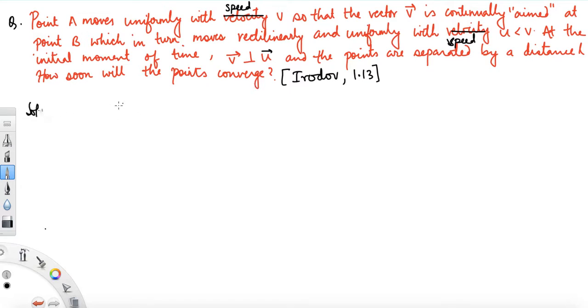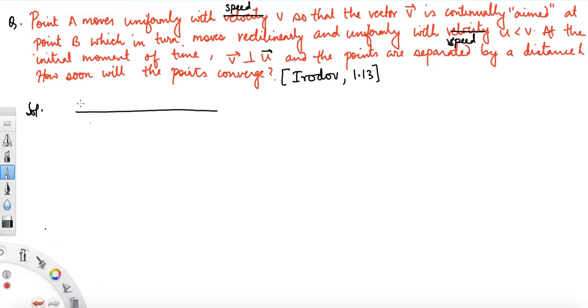Solution is, first of all, let's draw the diagram here. It says that point A moves uniformly with speed v, so v vector is continually aimed at B. And B is, by the way, moving rectilinearly on the straight line with uniform speed u.